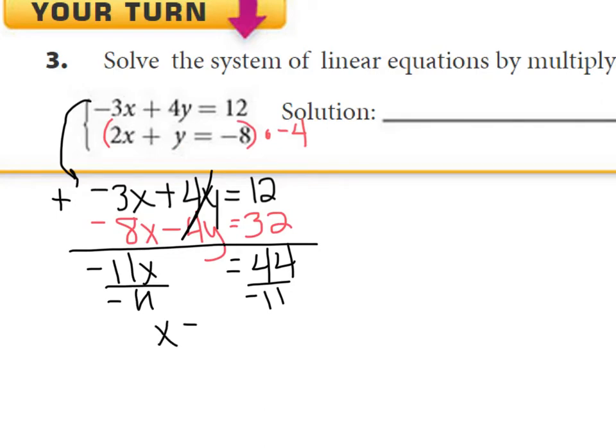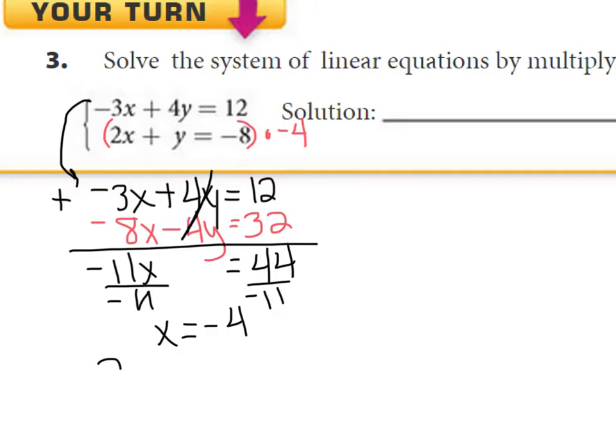So x equals -4. Unfortunately, that's not enough of an answer for this problem, so now I need to go back to either equation to solve for y. Well, I'm going to go back to the one where y is easier to solve for, which is the bottom one, and I'm going to plug x in here.